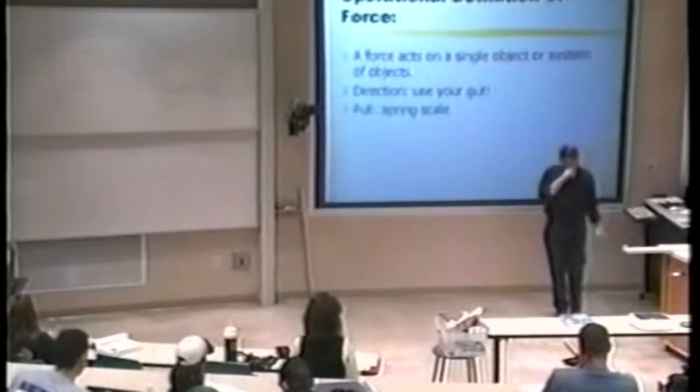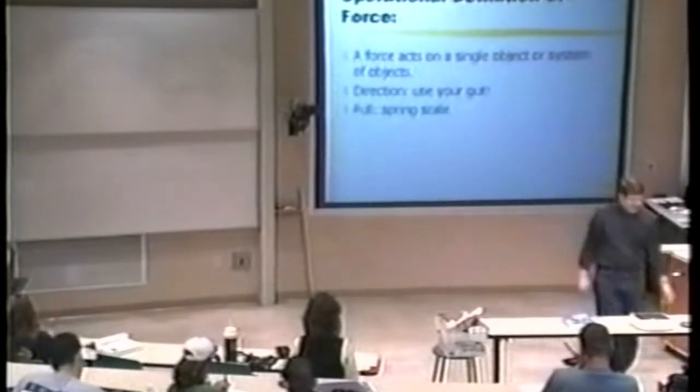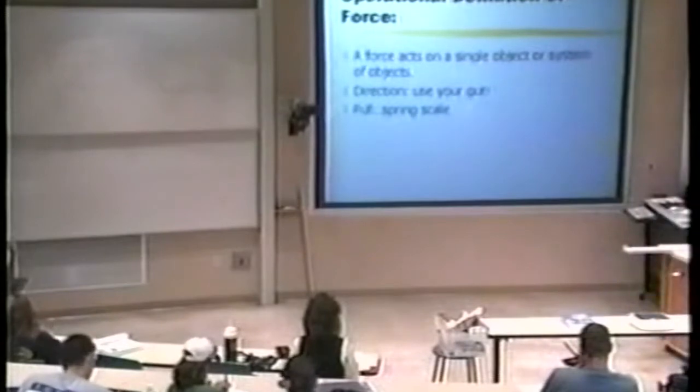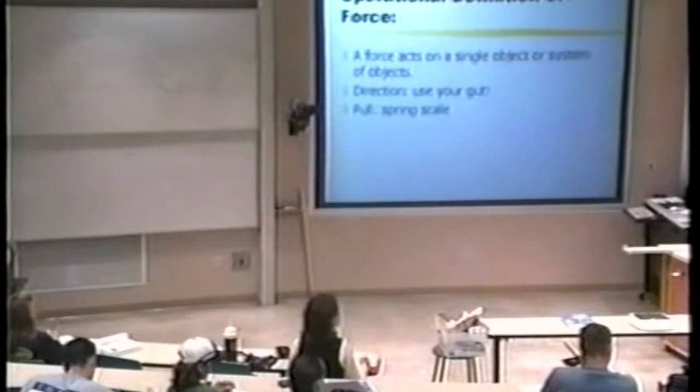If we're talking about a pull, if I were to reach over here and let me just grab Sarah's hand. If I wanted to measure how hard I'm pulling on Sarah's hand, what I would do is I would insert a spring scale and do exactly the same thing that I did before until it feels like I'm pulling just as hard as I did before.